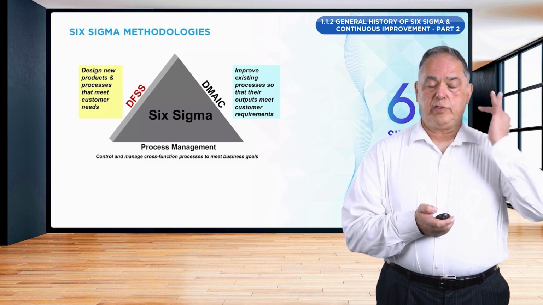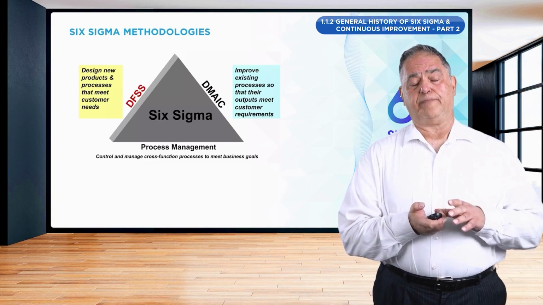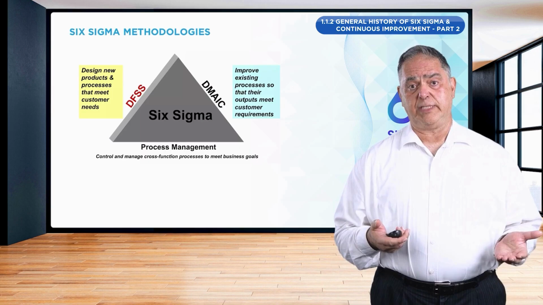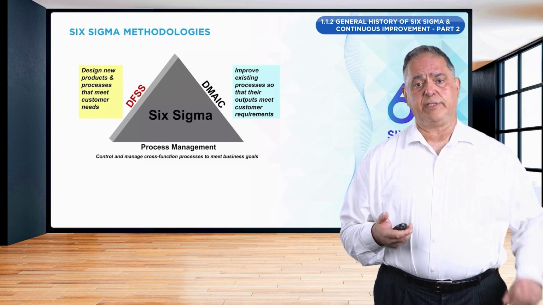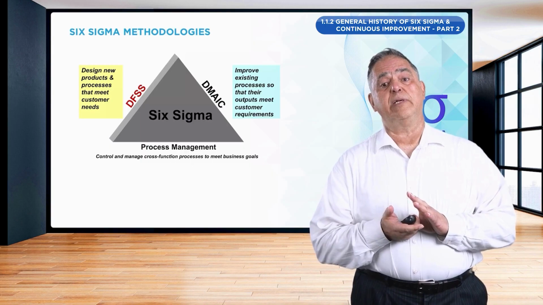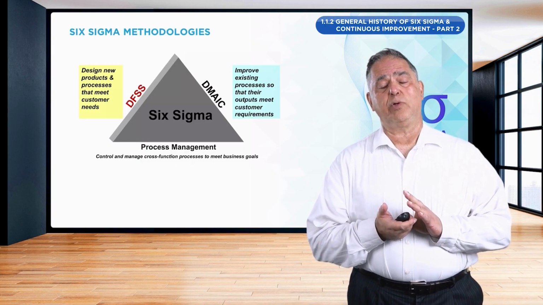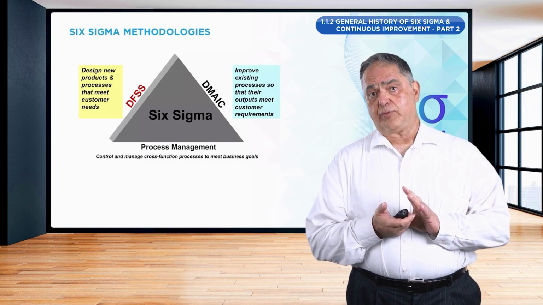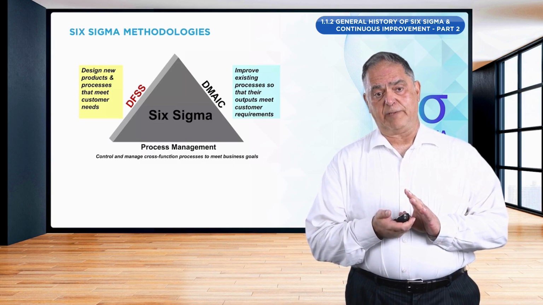And this is a methodology that we typically use in order to improve existing process, existing products, and existing services. A variant of DMAIC is what is known as DFSS, which is an acronym for Design for Six Sigma.